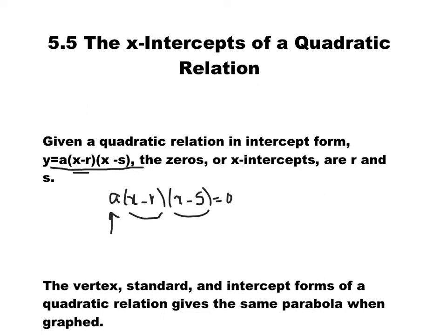This means either a is 0, but we know that a cannot be 0, so x minus r has to be 0, or x minus s has to be 0. When you solve this one, x is equal to r. When you solve this one, x is equal to s. So you can see why we say r and s are the zeros or x-intercepts of the quadratic.